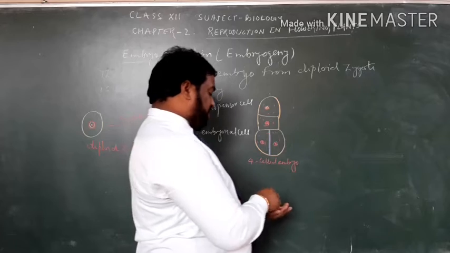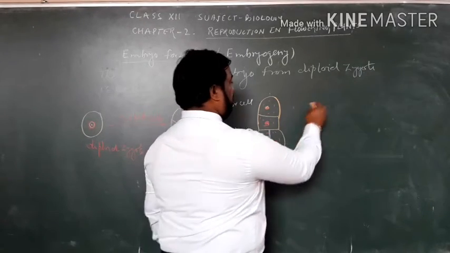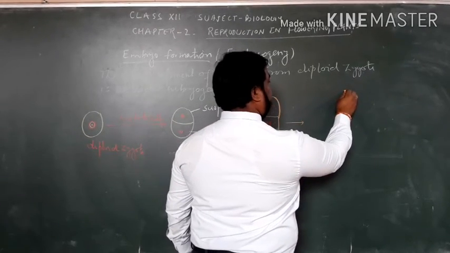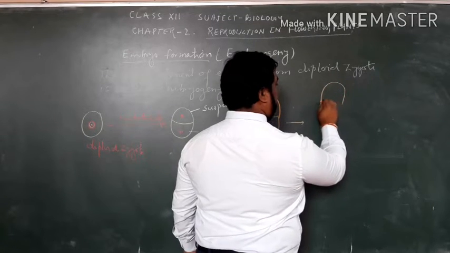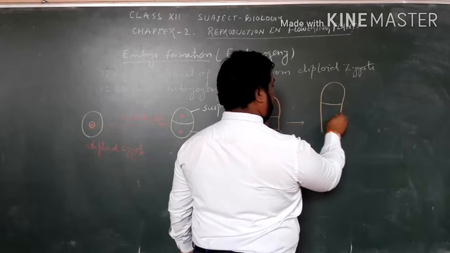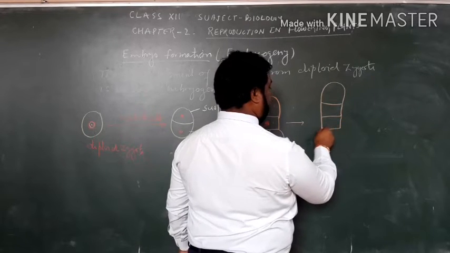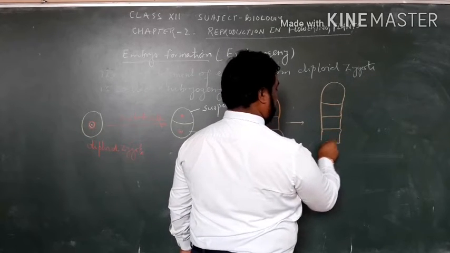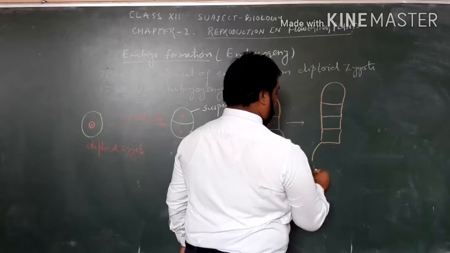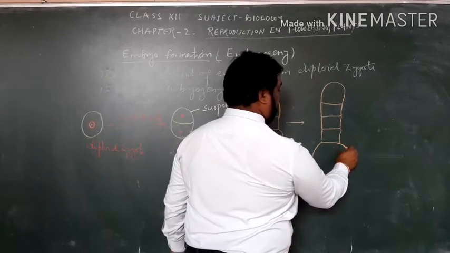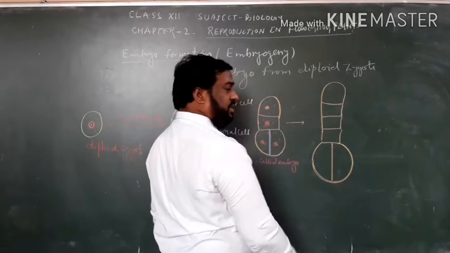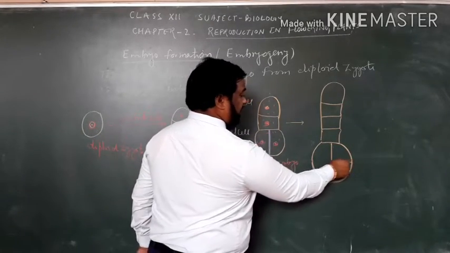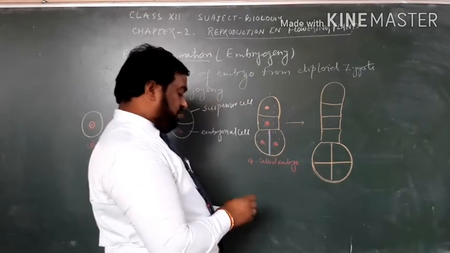So in the next phase, you get the upper four cells like that, and the lower, or globular, means first a longitudinal division and then a transverse division.